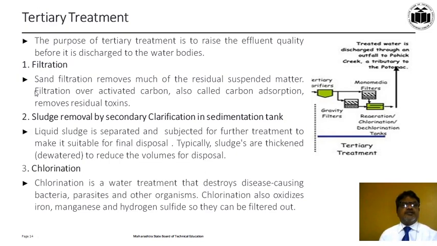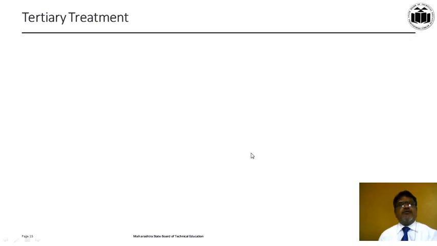And the third tertiary treatment is chlorination. Chlorination means disinfection. Chlorination is a water treatment that destroys disease causing bacteria, that means pathogenic bacteria, parasites and other organisms. Chlorination also oxidizes iron, manganese and hydrogen sulfide so that they can be removed.